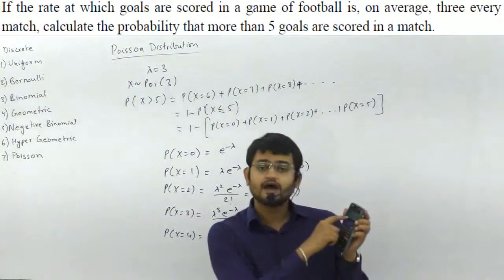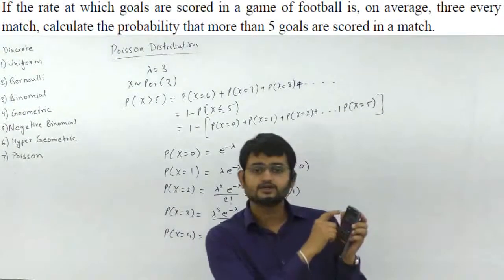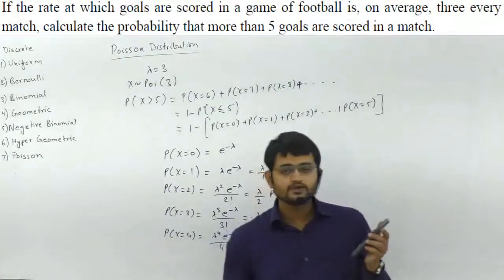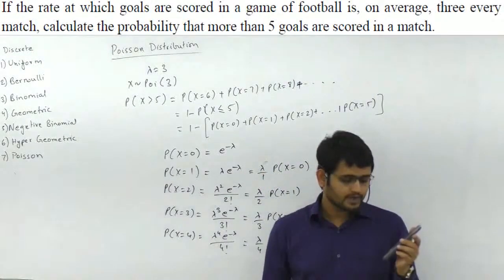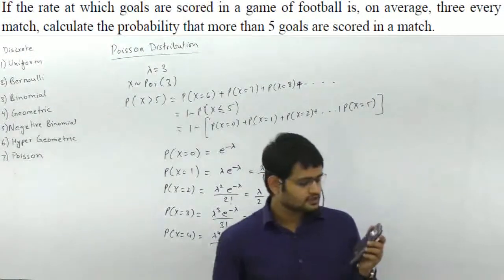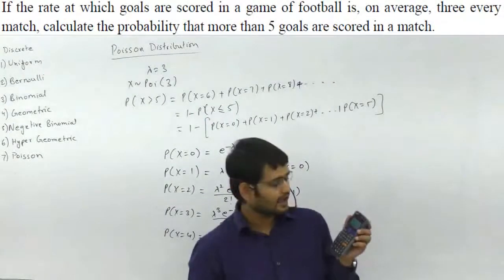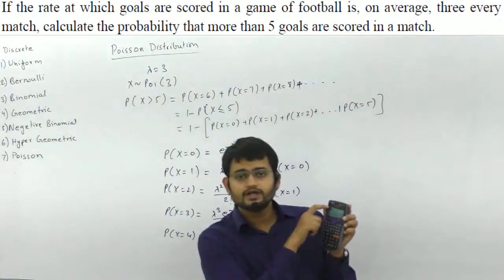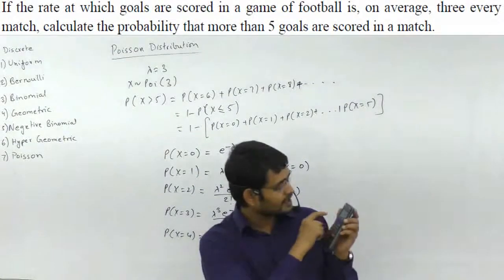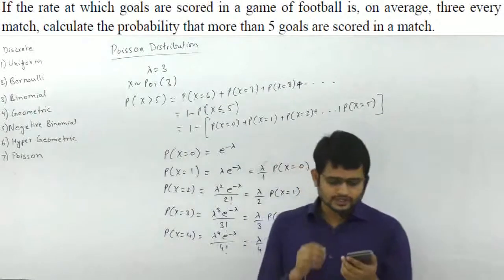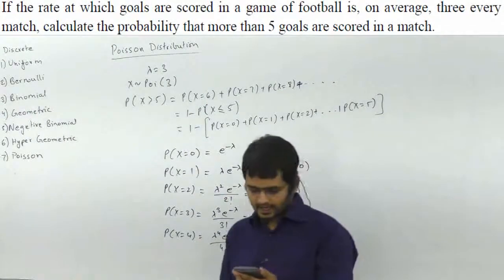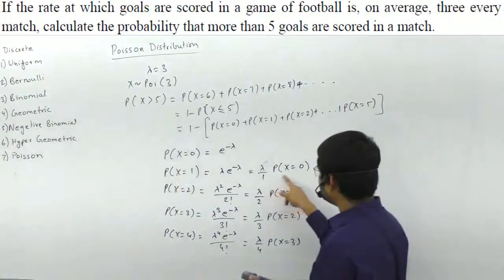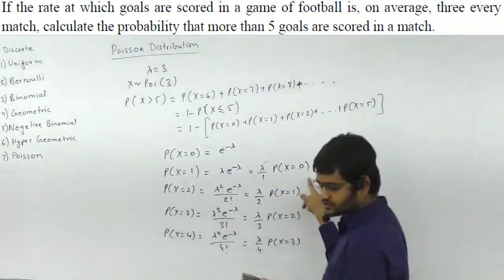It has added this particular answer to M, and as there was no value stored before in M, it was 0. So this is the first value that has been added. If you see above, there's a small M written in the above line of your calculator. That shows that a value has been stored in M. Now the next value, we need lambda into 1 into probability X equals 0.